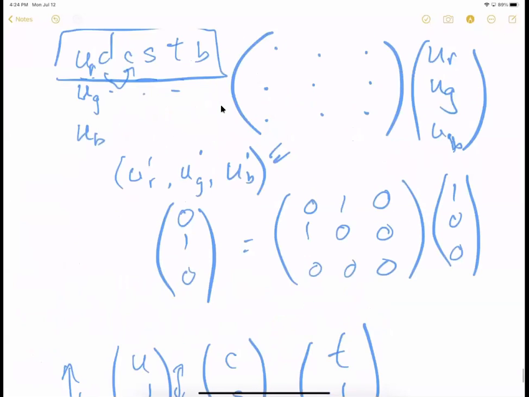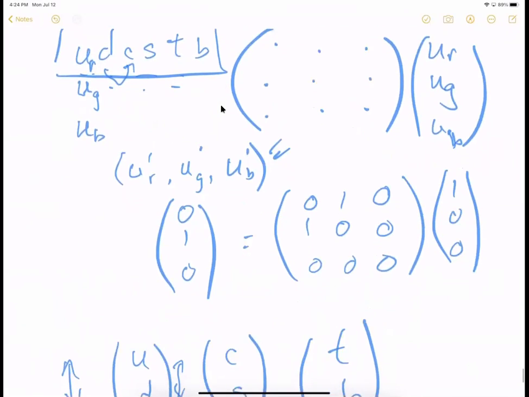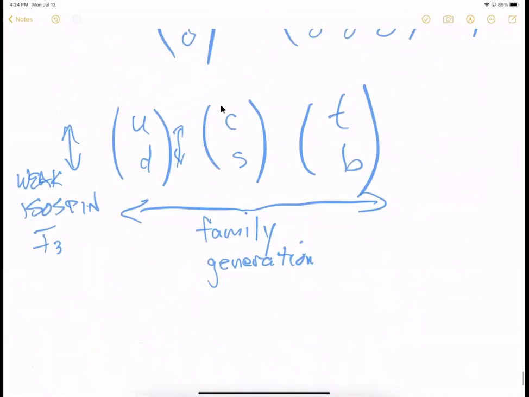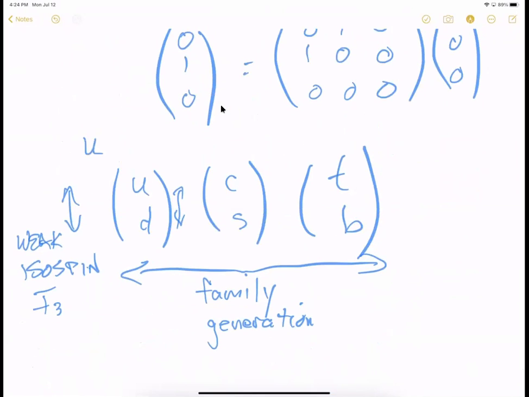So when we're looking at the full list here, let me do it this way. U, D, S, C, T, B. All right, this is called flavor. Often written the British way with a U, but doesn't matter. You can write it any way you want.